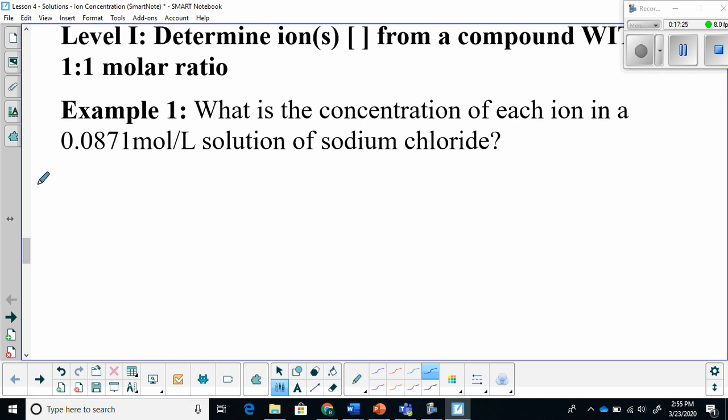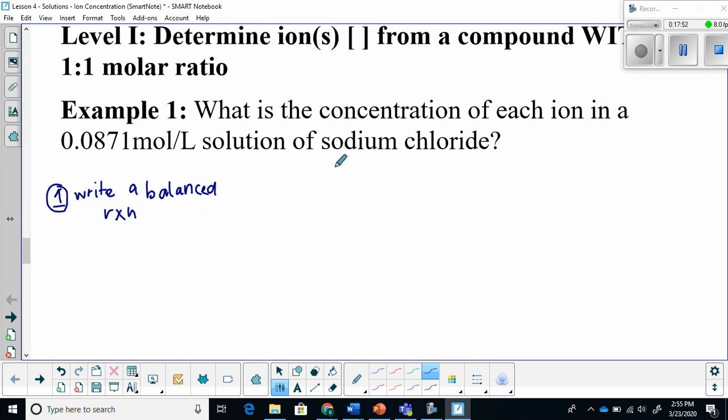So step 1, write a balanced reaction. Okay, let's circle that. Go ahead and do that.